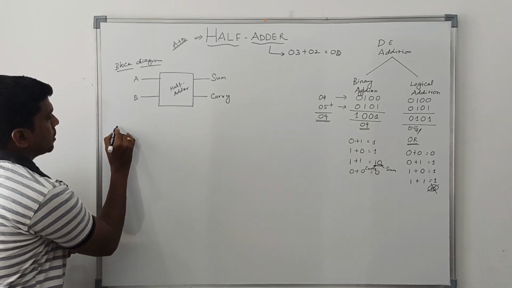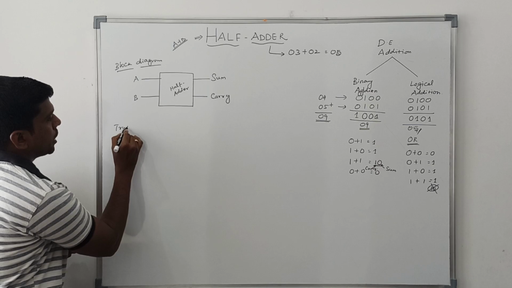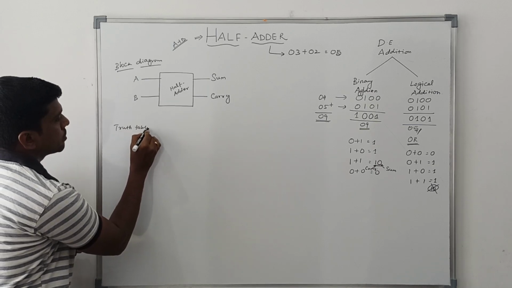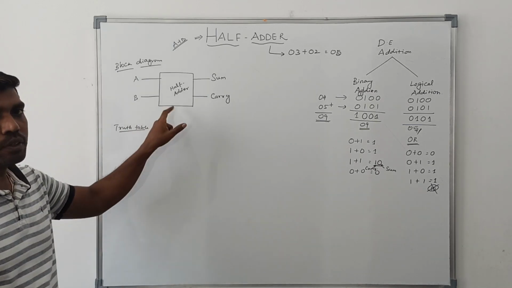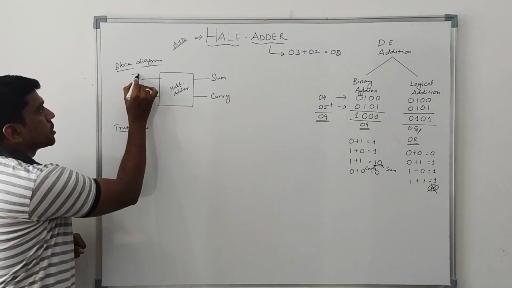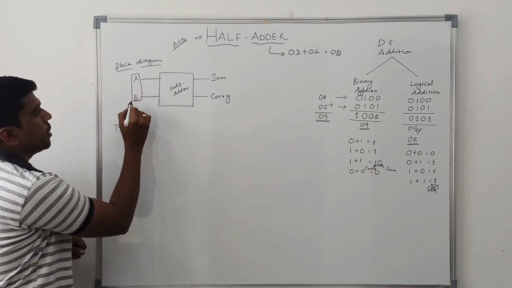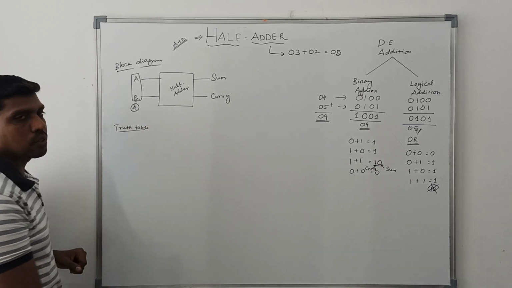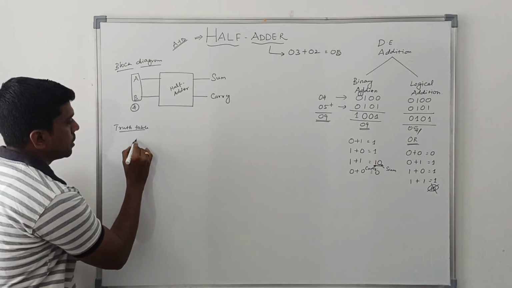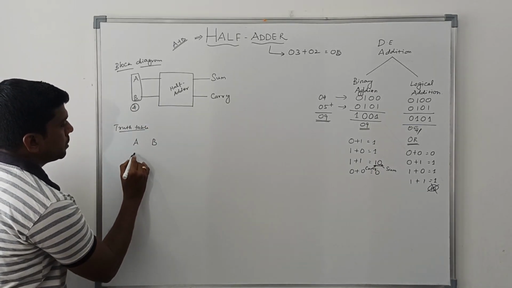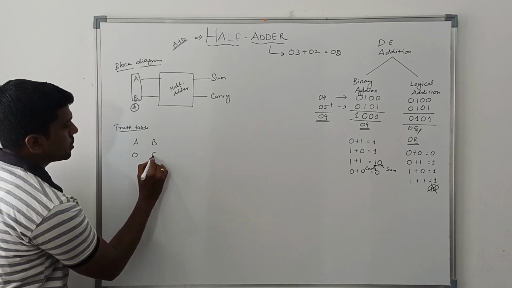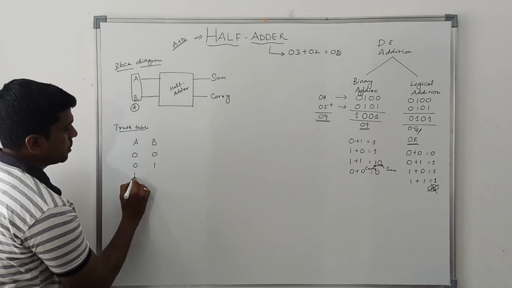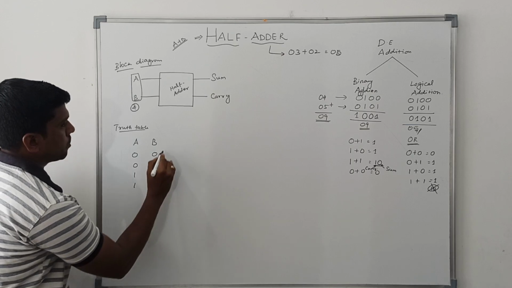Then next step, write the truth table for this half adder. It's two variables, so these two variables make four combinations of input. A and B are the input variables. It makes four combinations of input: 0 0, 0 1, 1 0, 1 1.